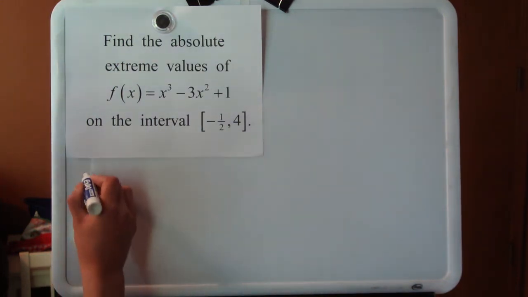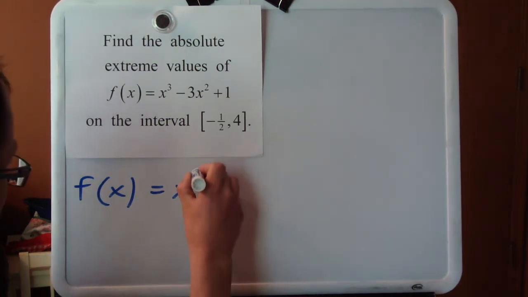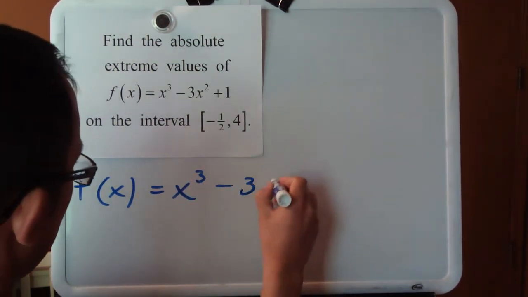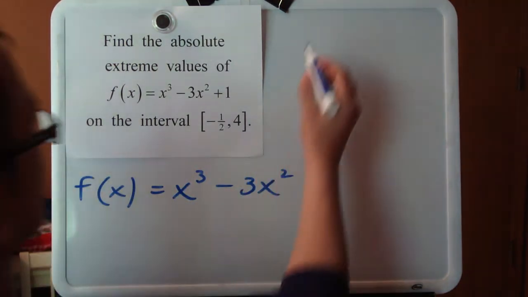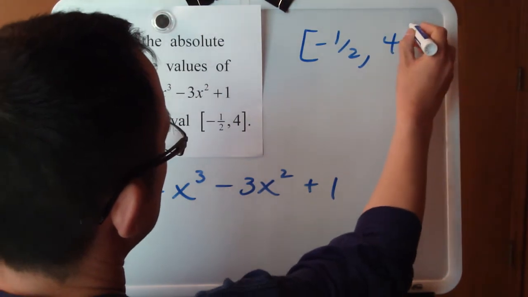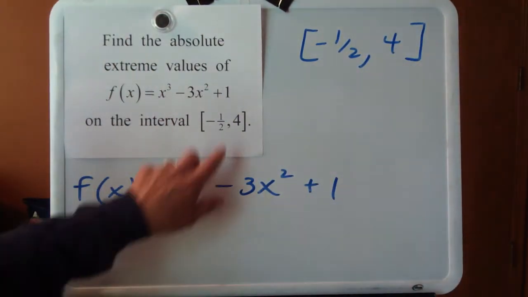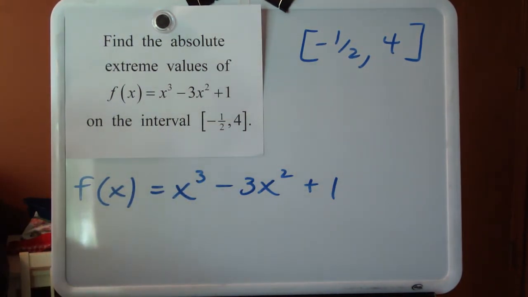So I'm going to jot down the function here. This is a pretty simple one. Okay, and then the interval of interest here. So -1/2 to 4. So even though this function is defined well beyond this range, we're just going to examine this particular window, -0.5 to 4.